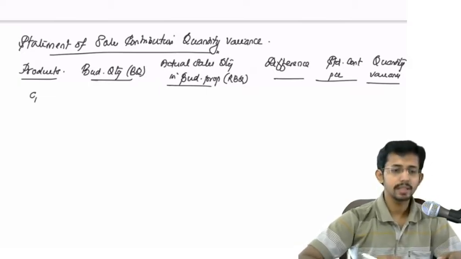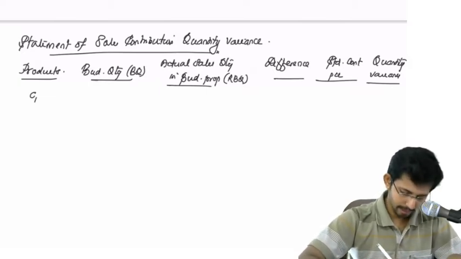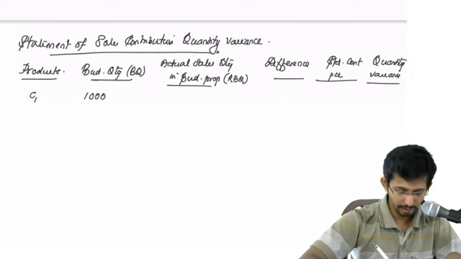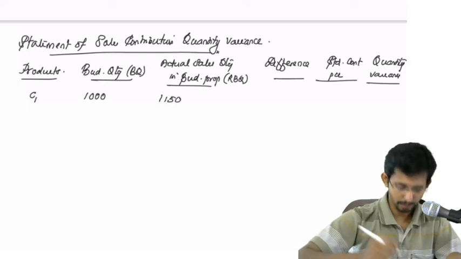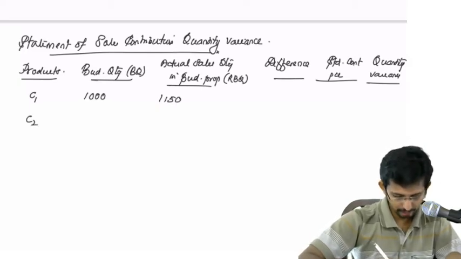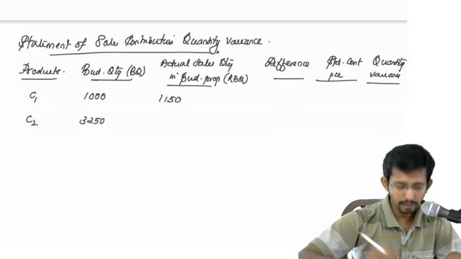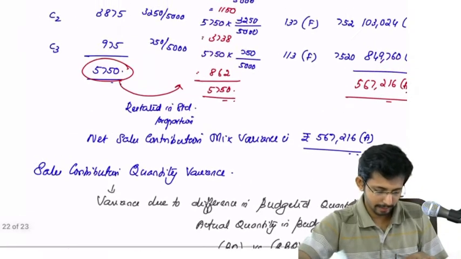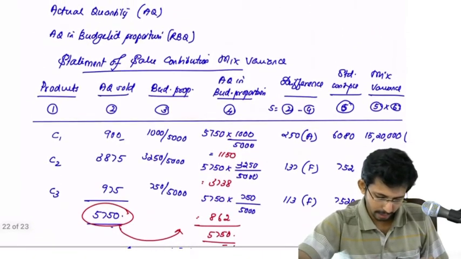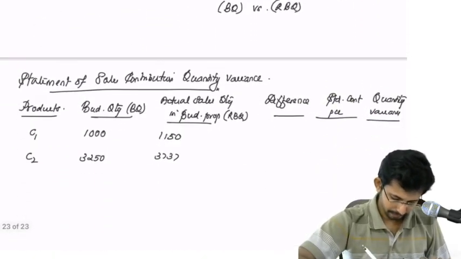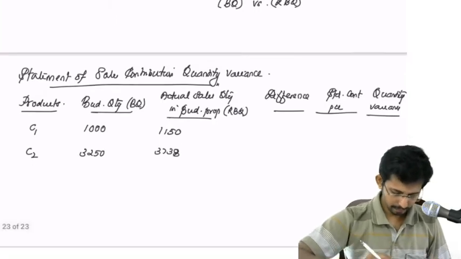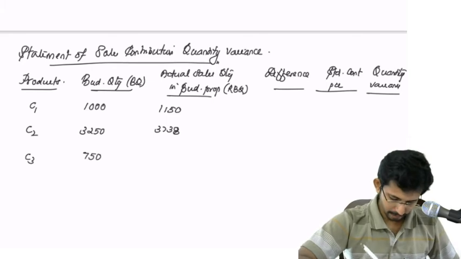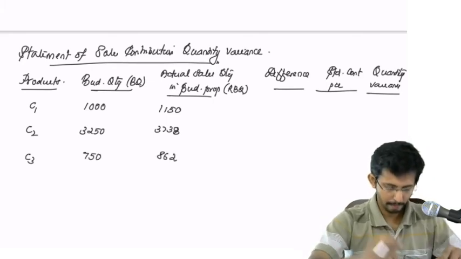C1, what is the budgeted quantity? It is 1000. Actual quantity in budgeted proportion 1150. C2 is 3250. Then 3738. What is RBQ? 3738. Okay. Then C3 750 and 862.